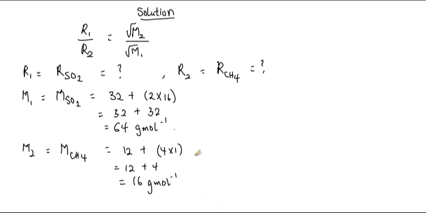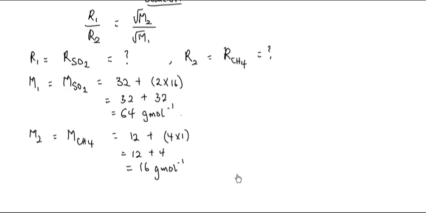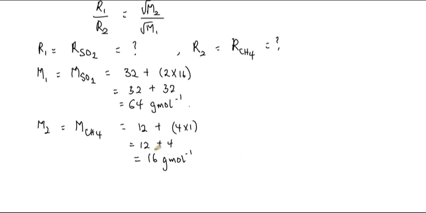Now let's go back to the formula. From the formula we are using, we have R1 over R2. I'll replace subscripts 1 and 2 with their gases respectively.